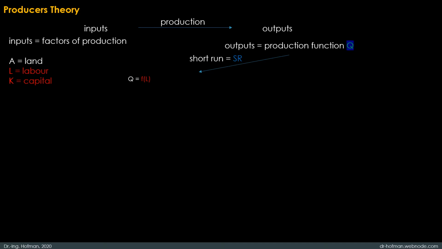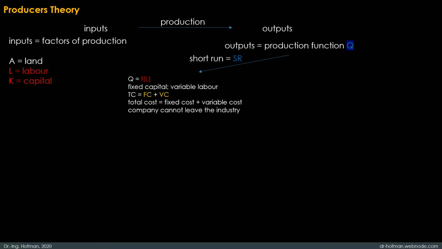Capital is fixed and land is not considered. Total cost function equals fixed cost plus variable cost. The company can't leave the industry in the short run and also can't enter other industry branches.